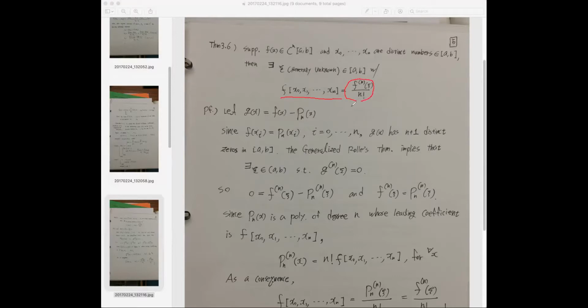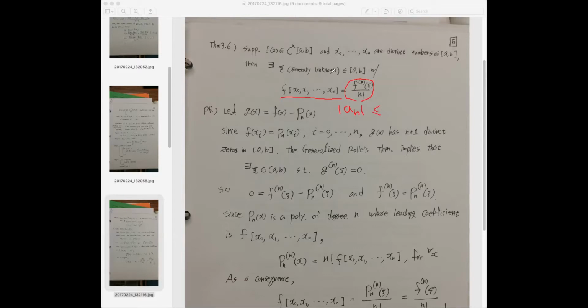That means the absolute value of a sub n is bounded by the maximum of the nth derivative of f, because psi is generally unknown.